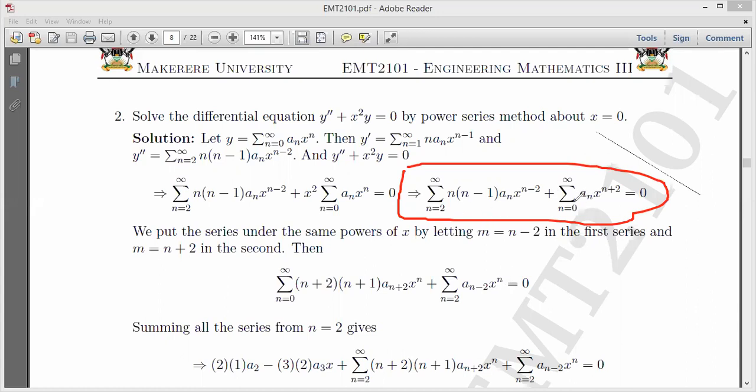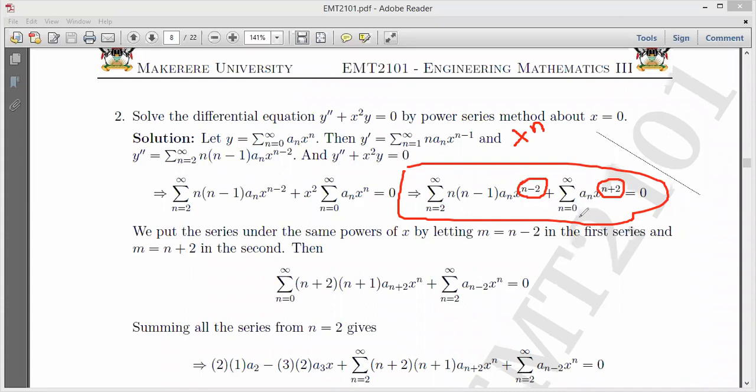The only way we can add is for these limits to be the same. According to our definition, this should be x to the n, but this is x to the n minus 2, and this is x to the n plus 2. So we have some work to do here. One, limits should be the same, and then the powers should also be the same. Then we'll be able to simplify this.